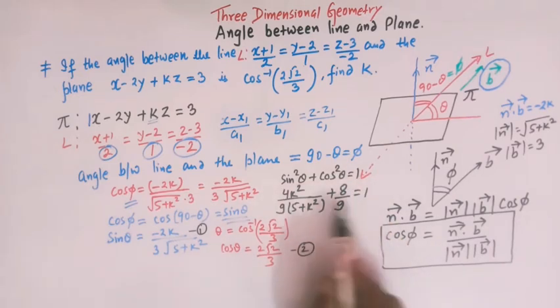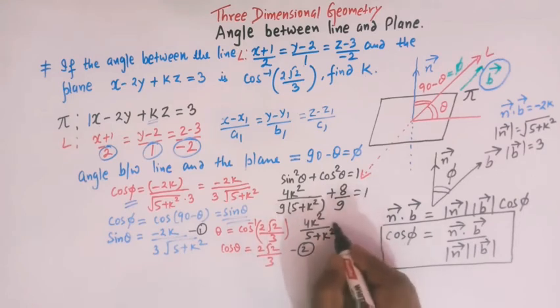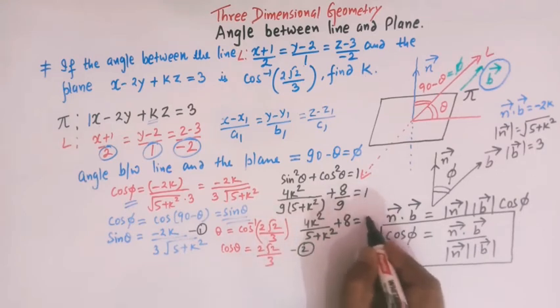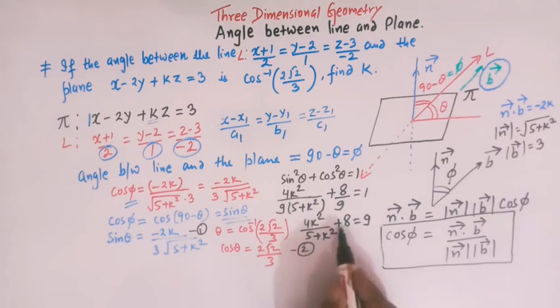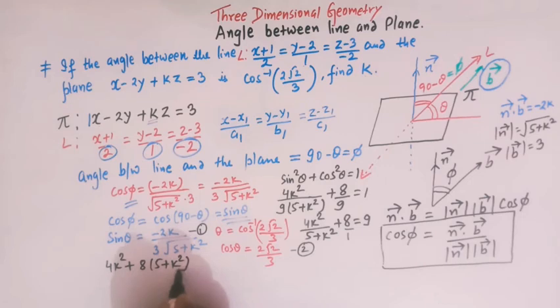Okay, now we can multiply both sides by 9, so we have 4k square over 5 plus k square plus 8 is equal to 9. And if we take the LCM, because here we have 1, so we can write 4k square plus 8 times 5 plus k square is equal to 9 times 5 plus k square, right?